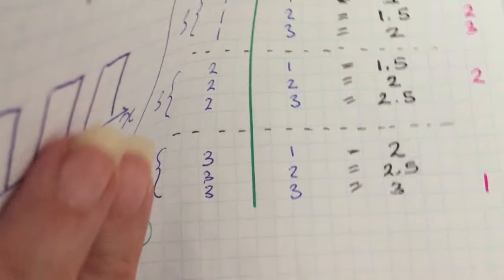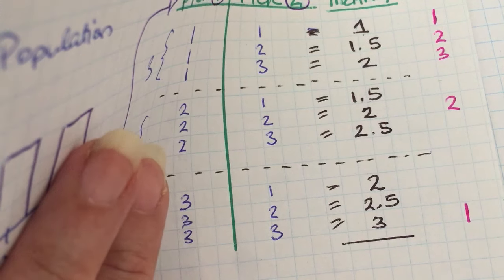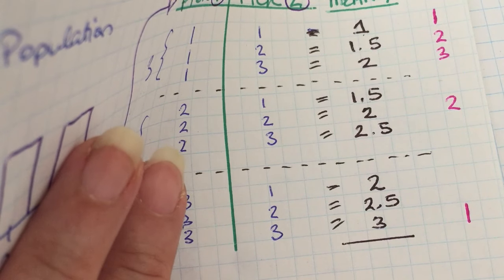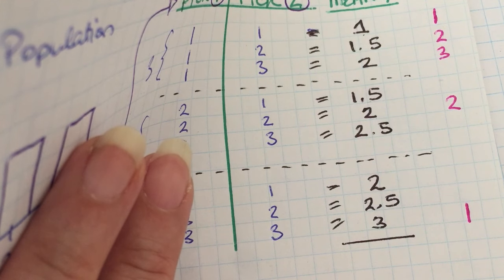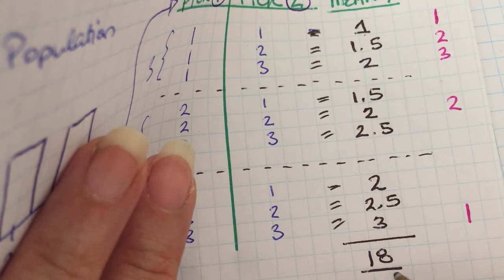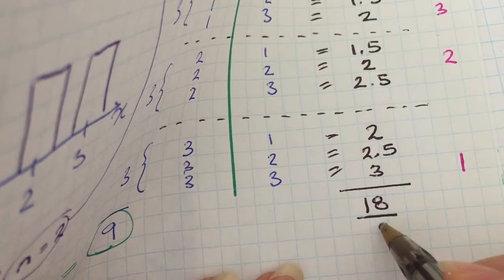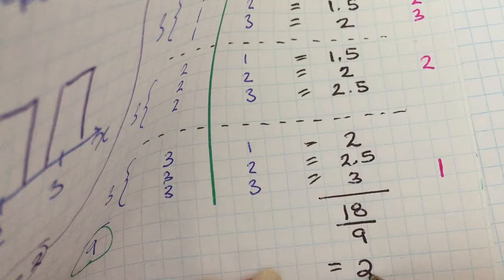Basically, I just add up all my numbers, all my means. 1 plus 1.5 plus 2 plus 1.5 plus 2 plus 2.5 plus 2 plus 2.5 plus 3 equals 18 divided by the total number, which is 9, and that equals 2.